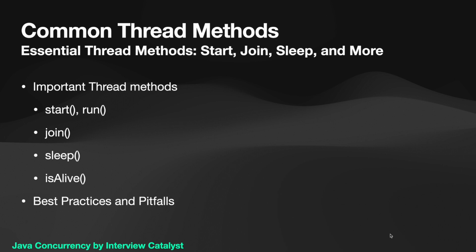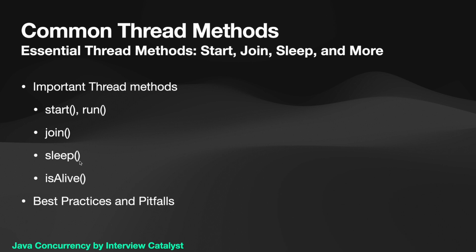In that case, the calling thread will wait for thread B to finish before executing its own statements. This is helpful when you need to ensure that certain tasks complete before moving on. Be mindful of potential deadlocks if multiple threads are waiting for each other.